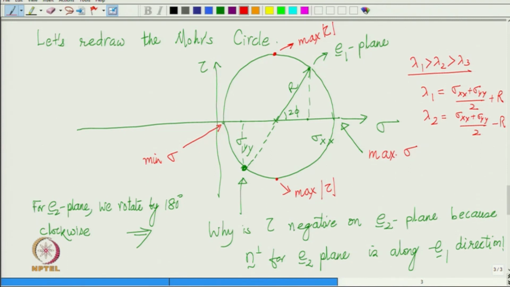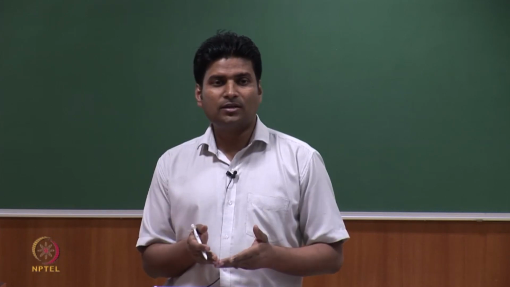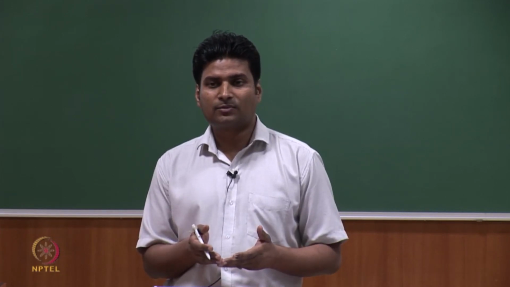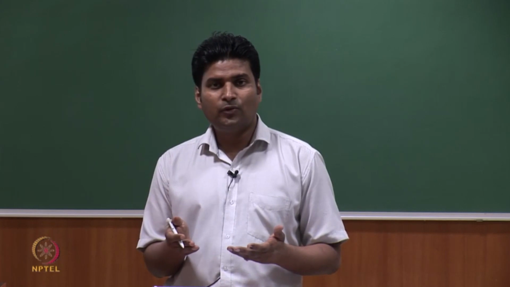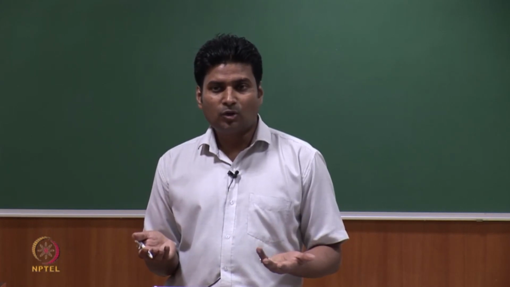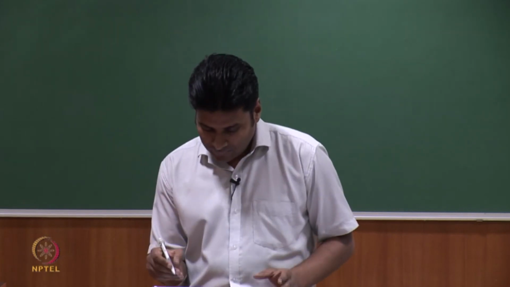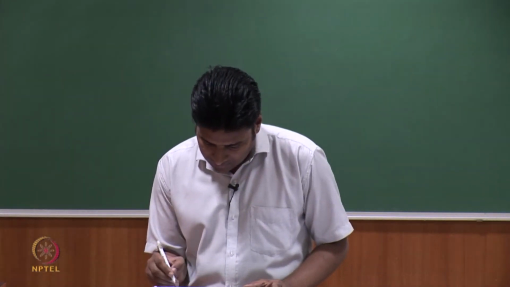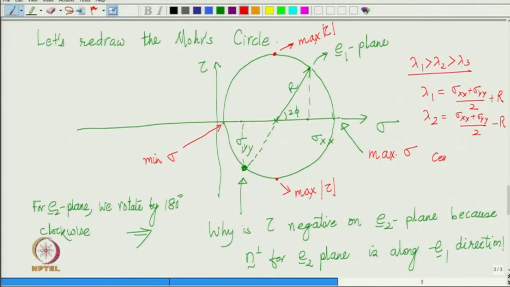In terms of principal stress components, where is the center? Center is sigma x x plus sigma y y by 2. If you do lambda 1 plus lambda 2 by 2, that is also the center, right. So, this point, the center of circle, is also equal to lambda 1 plus lambda 2 by 2. All right. Here is the catch now.